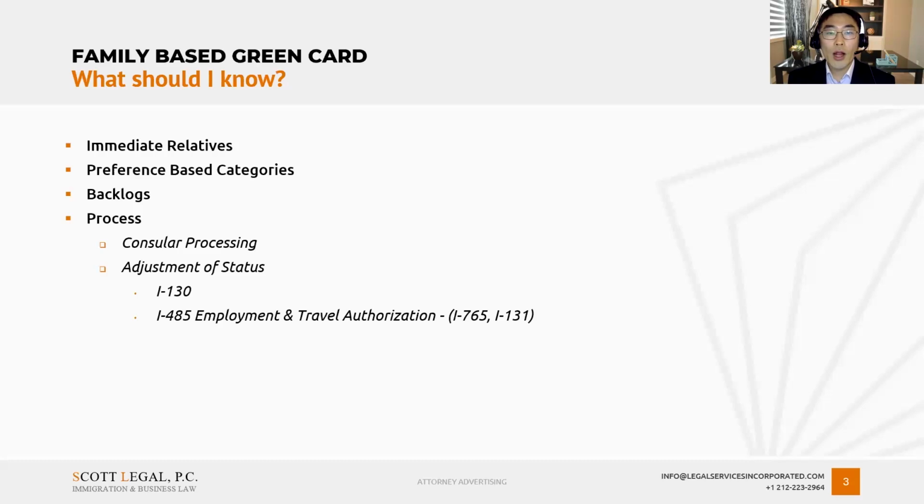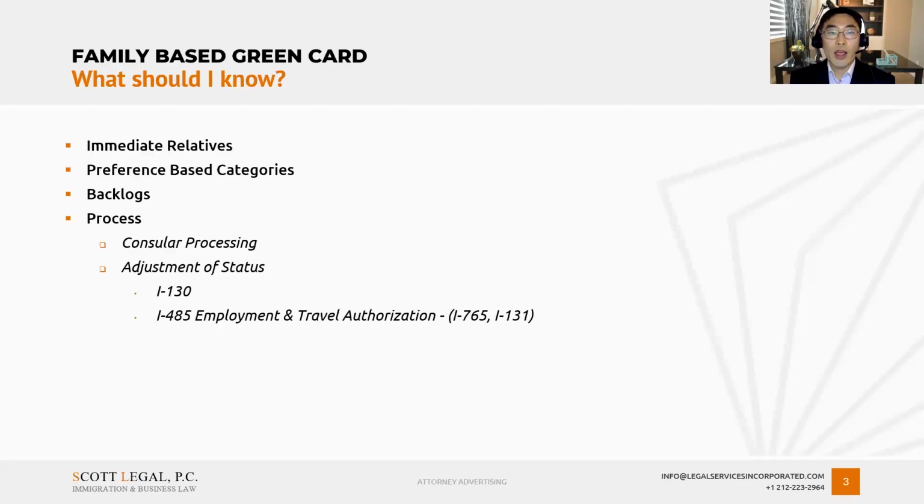This means while green cards for the immediate relatives are always available, the green cards for the preference-based categories may not be. Depending on which country you are from and which category you are applying for, there may be significant delays before a green card is finally processed or approved.